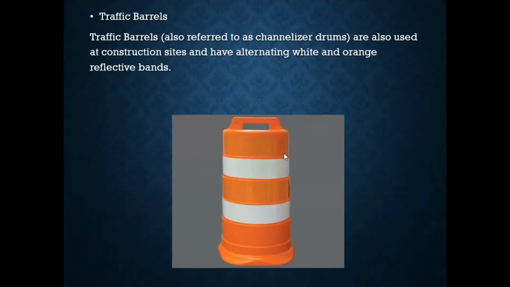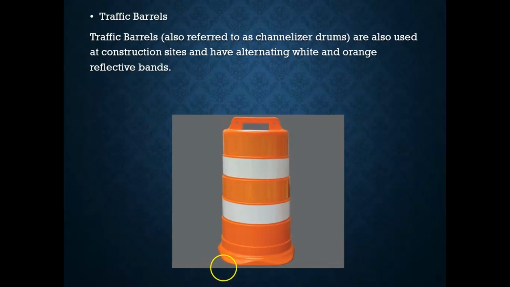Then we have the traffic barrier. The traffic barriers, most of the time also called channelizer drums, are also used at construction sites and have alternating white and orange reflective bands. This is different from the first three we've been talking about, and they typically have a rubber base that helps them remain upright during strong wind or when hit by a vehicle. That means it is quite stronger than the other ones.